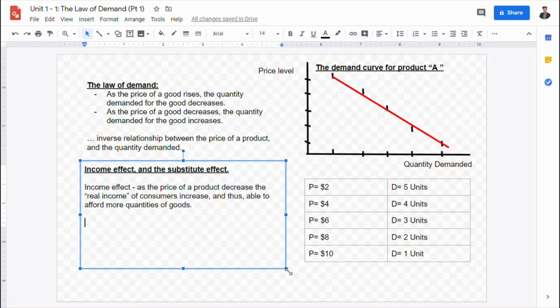This is the first reason why the demand of a good and the price of a good have an inverse relationship. The second reason is the substitute effect. What is the substitute effect?